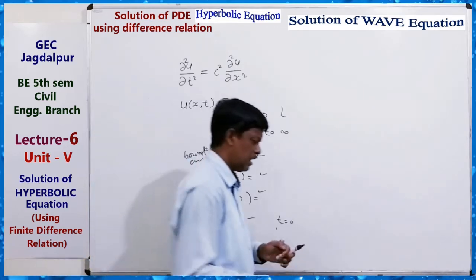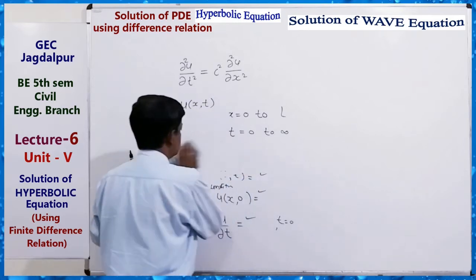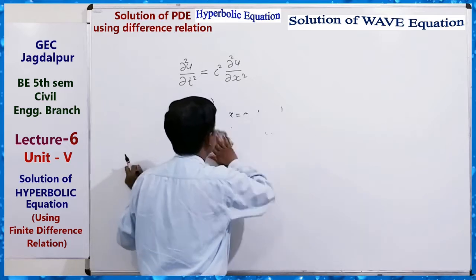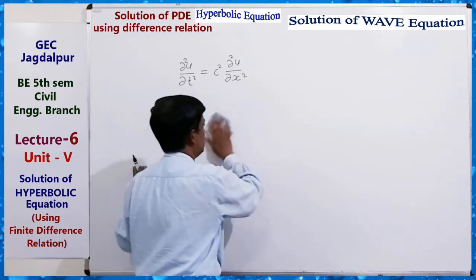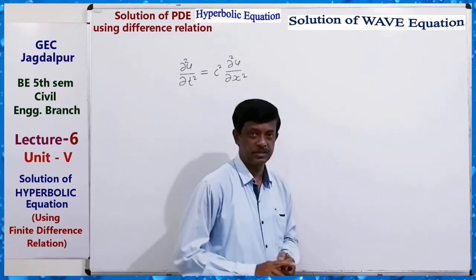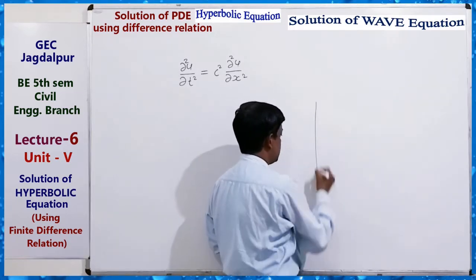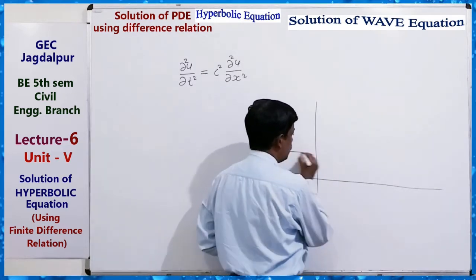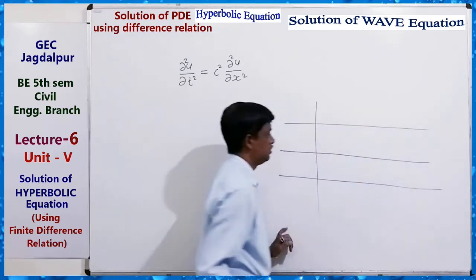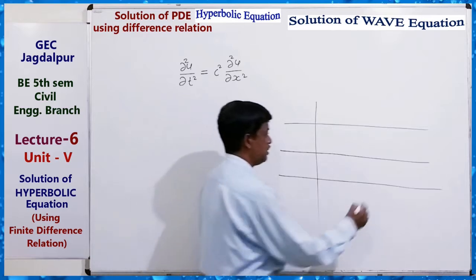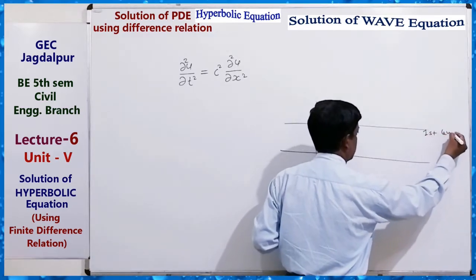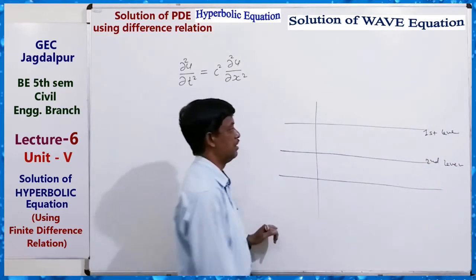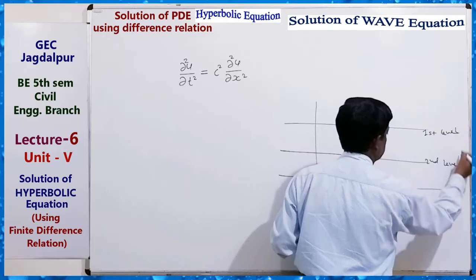The process for finding the solution, the formula for finding the value of u, is similar. Here, with two initial conditions, there are three levels, considering a rectangular mesh. Two levels are given for the initial conditions, the first level and the second level.